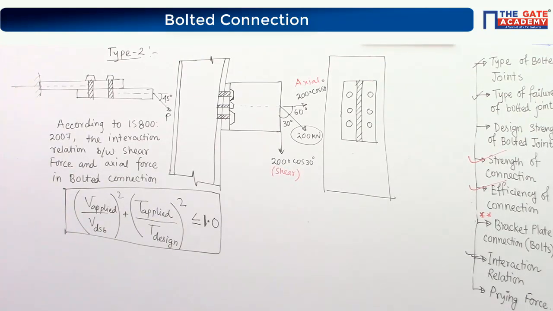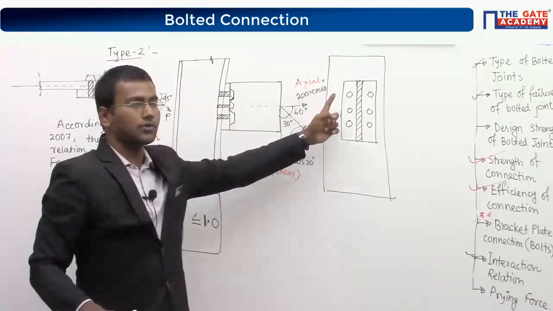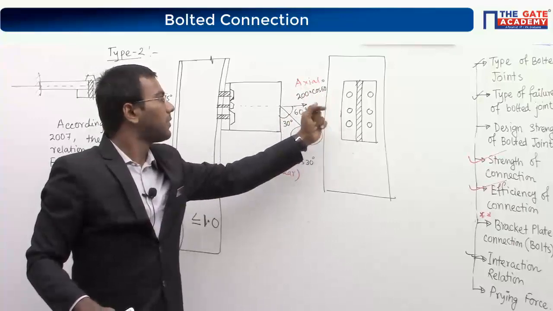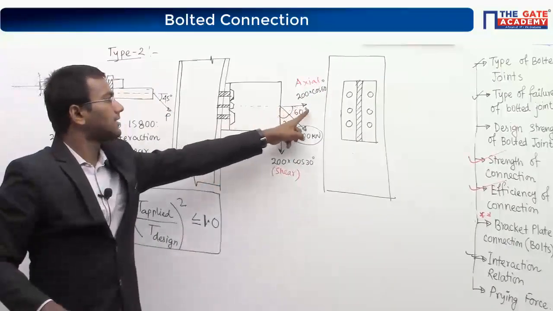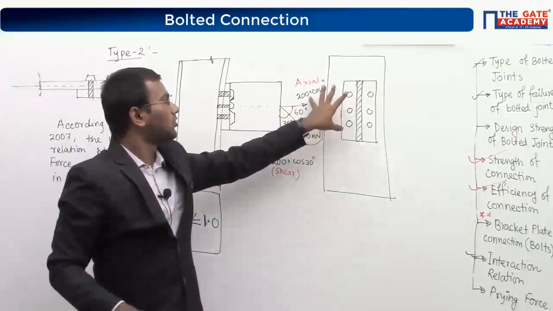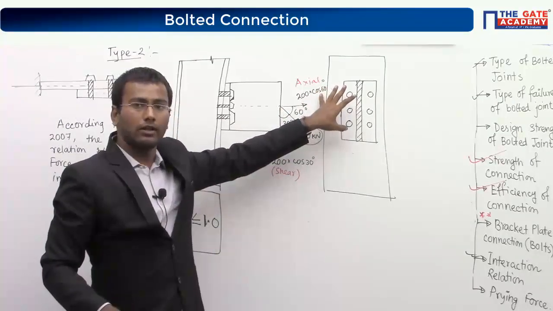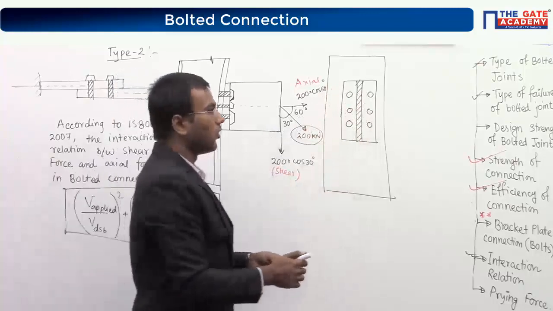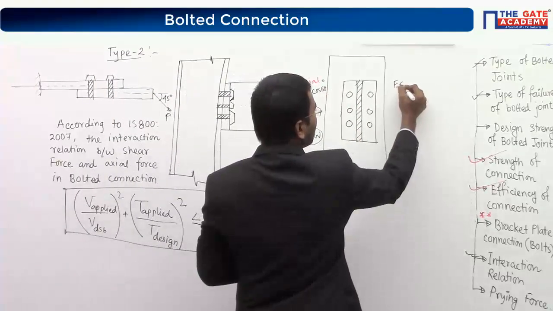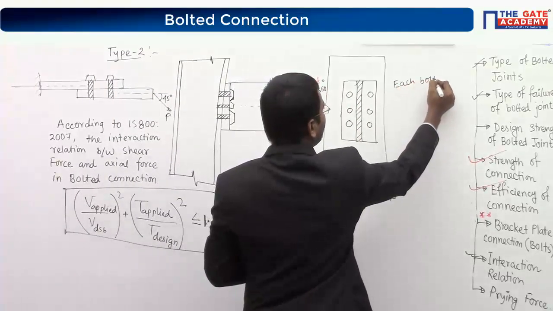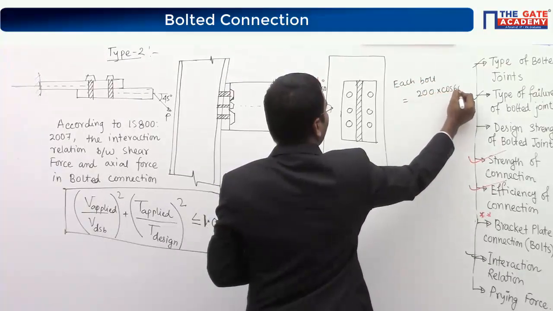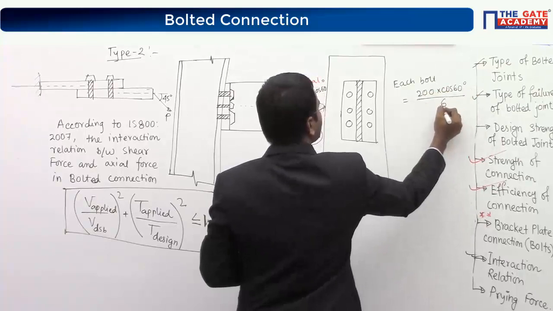So applied force means what? You can see, this is your total axial force, right? So the axial force will be 200 cos 60, some value will come. This axial force will be taken by 6 bolts. So each bolt will take 200 cos 60 divided by 6.